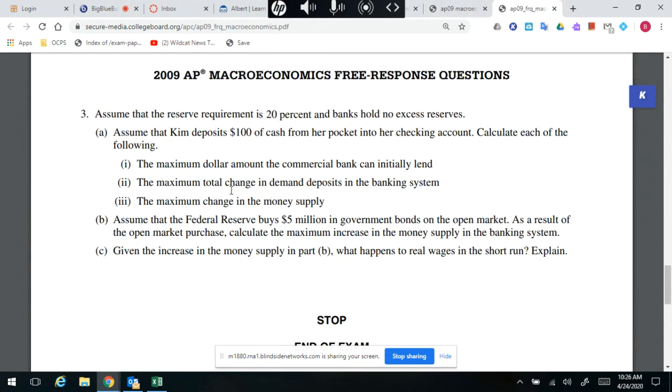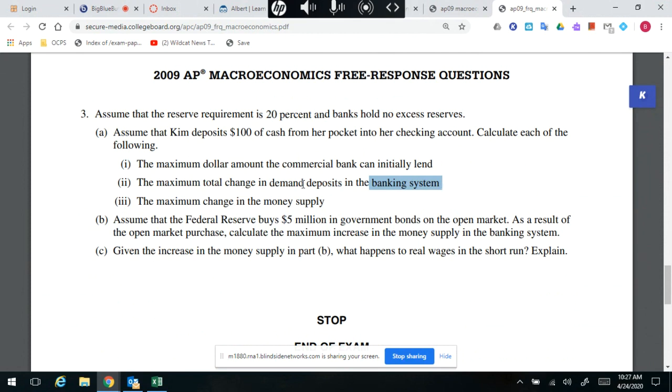The maximum total change in demand deposits in the banking system. Okay, so demand deposits is a little bit different than money, and the max change in money. With demand deposits through the banking system, and whenever you see this phrase banking system, that's your indicator to use the money multiplier. The money multiplier is 1 over the reserve requirement.